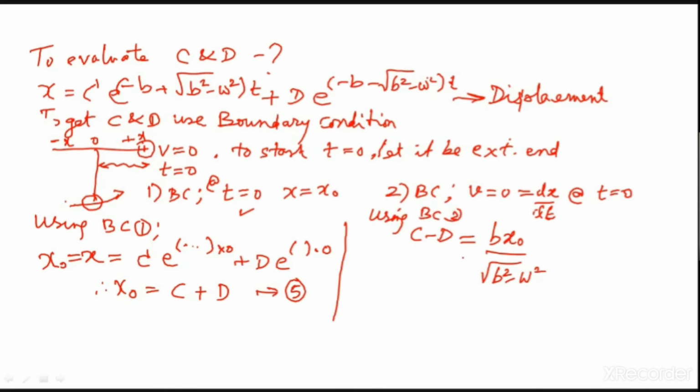Using the first boundary condition, we got C plus D equal to X naught. And here C minus D is V naught by root of B square minus omega square. Don't take it as a W here, it is omega, the angular frequency. We'll show this.